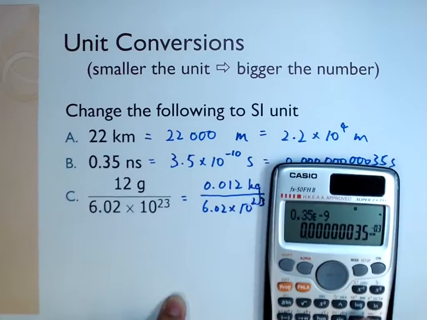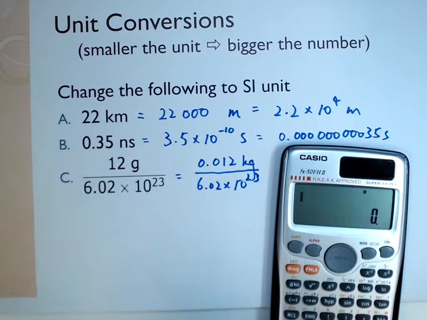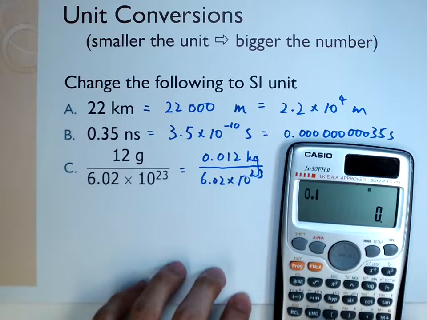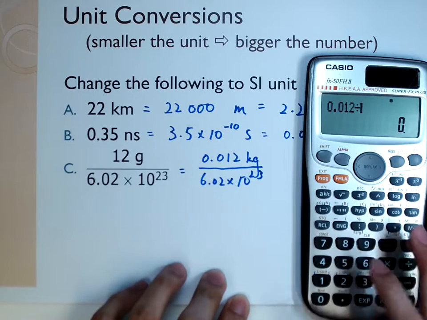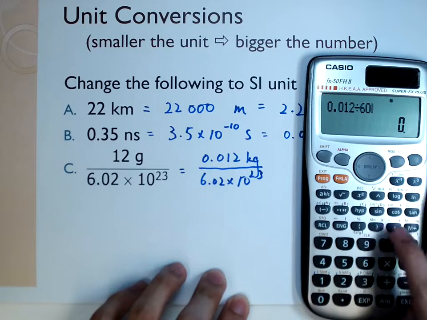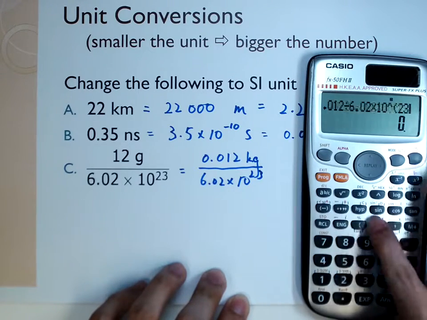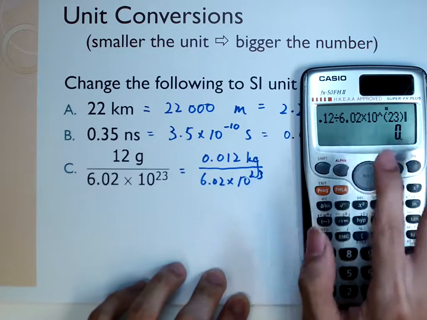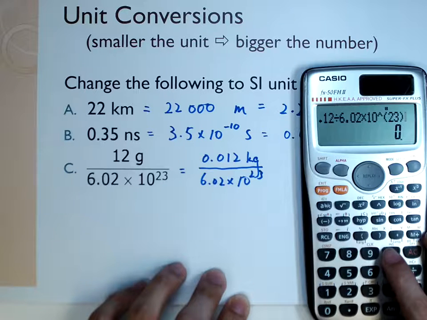So how to deal with this question? When you press the calculator, be careful not to use the old way. Now the old way would be like this, divided by 6.02 times 10 to the power 23. But I guarantee that if you input it like this, the answer will be wrong. So why? Think about it by yourself.